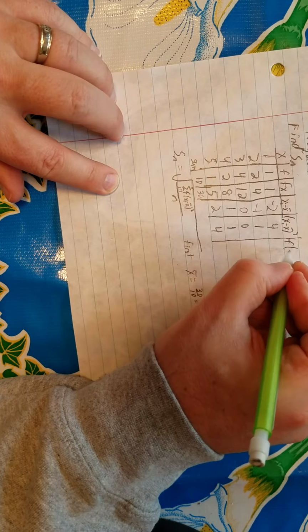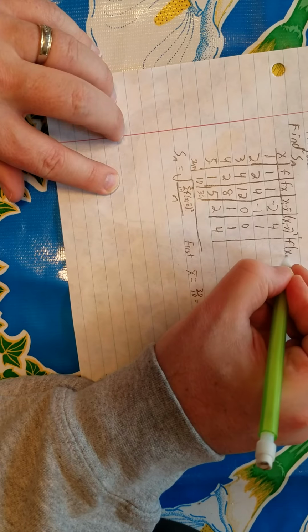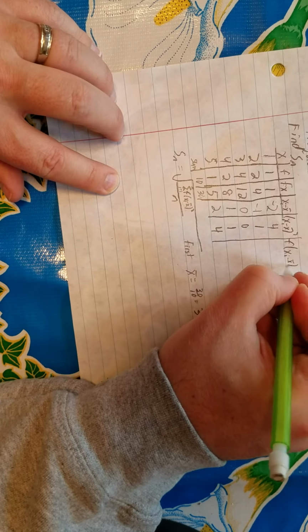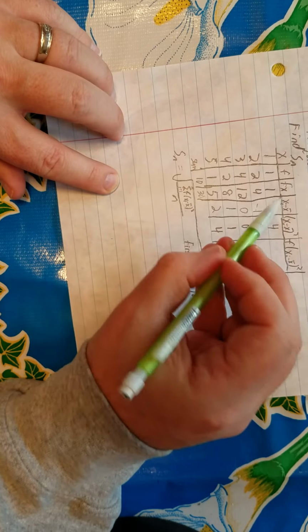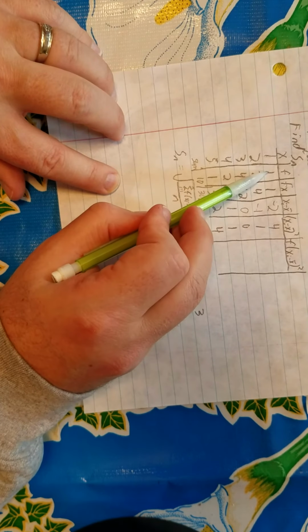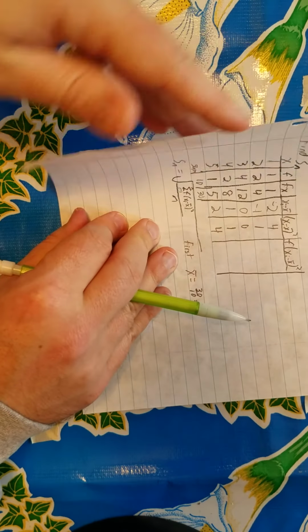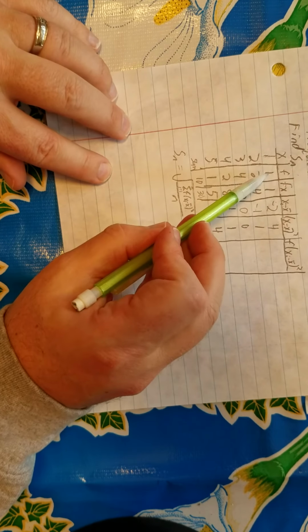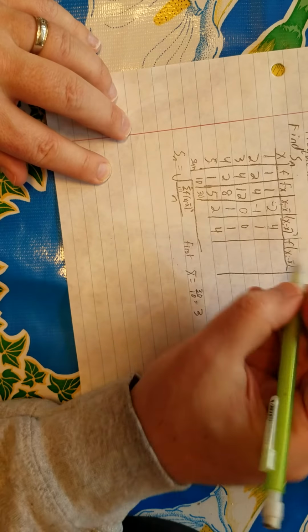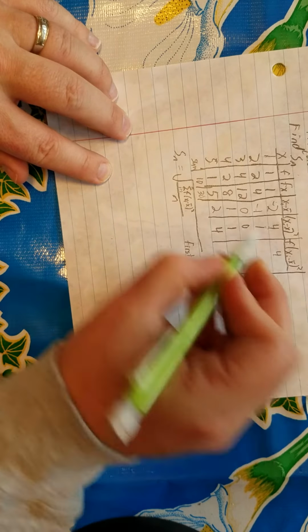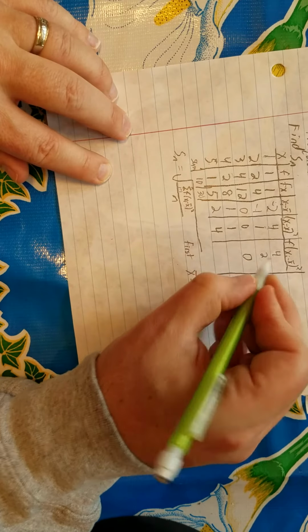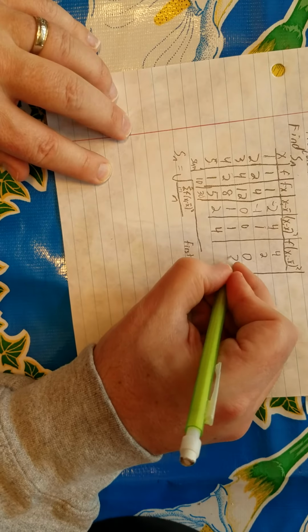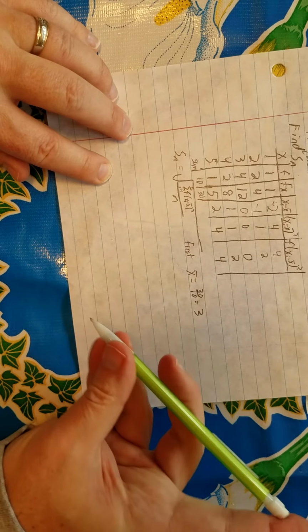So here's our new column. We go way over here to F. F times this: 1 times 4, 2 times 1, 4 times 0, 2 times 1, and 1 times 4.